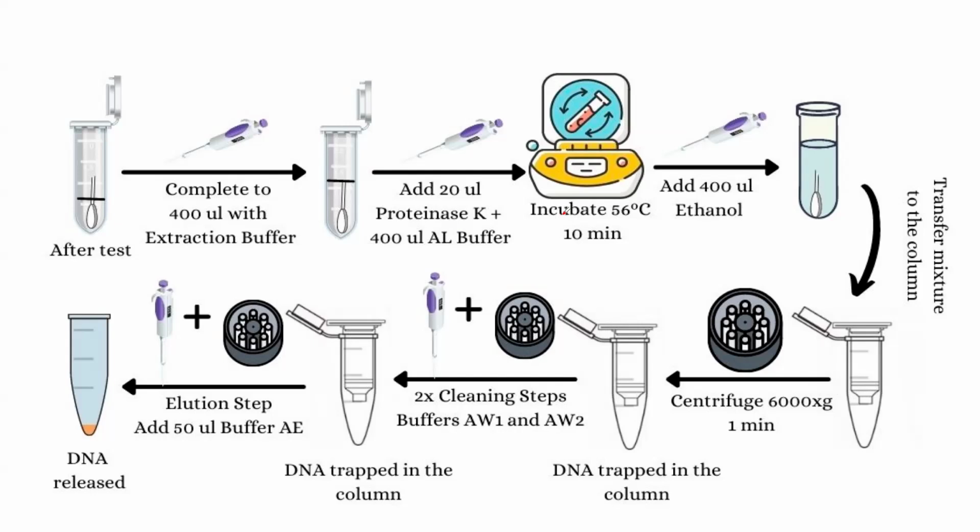Then you add wash buffer W1 and W2, and then we elute our DNA. At this stage is the rehydration, by adding 50 microliter of buffer AE. So this is briefly how to isolate DNA, ladies and gentlemen.